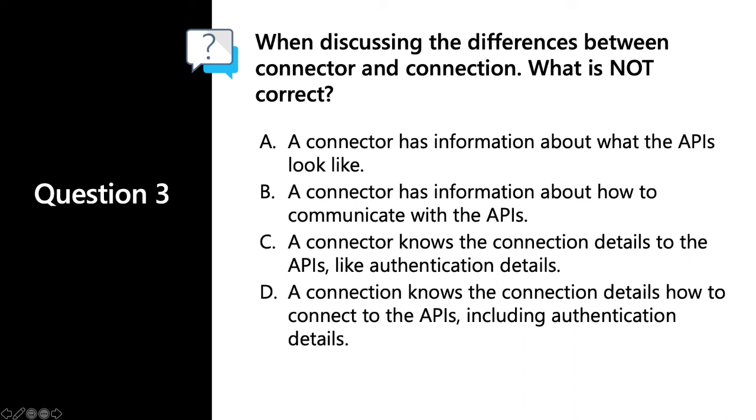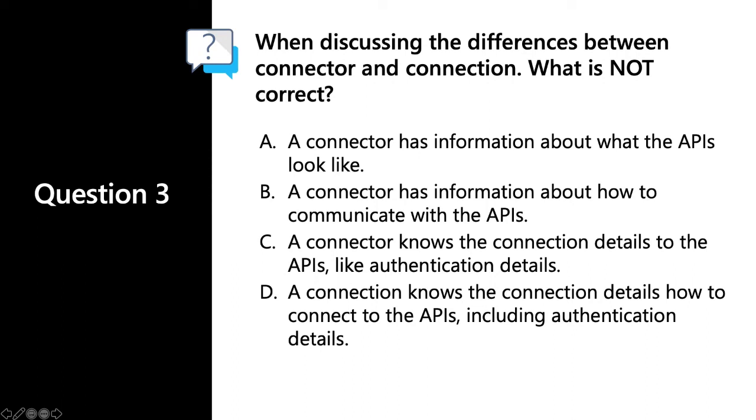Does it make sense? I think so, because the connector knows where the API is located and how the operations work, what sort of information we need to pass, or what sort of information we expect from the API. Those things the connector has.